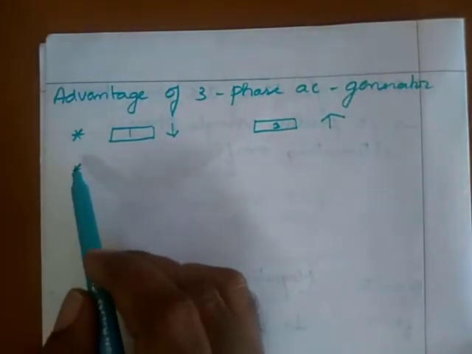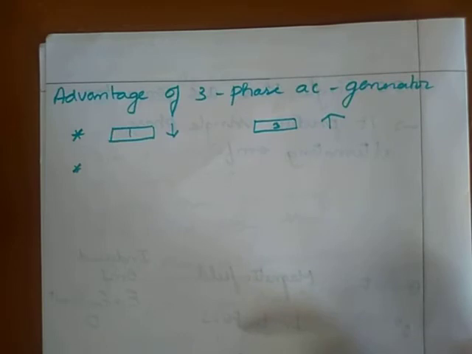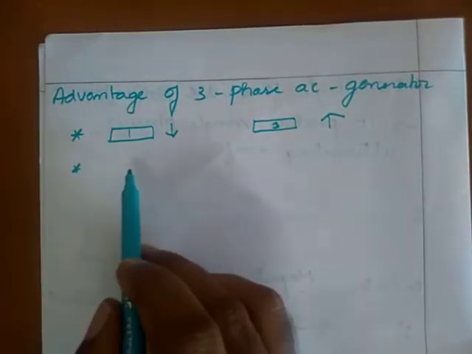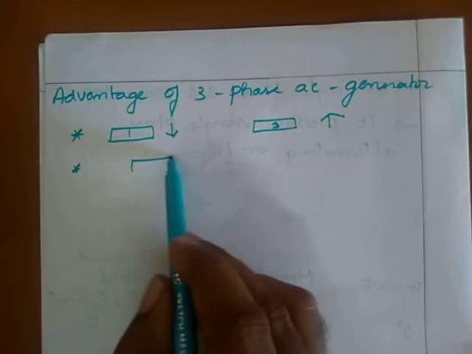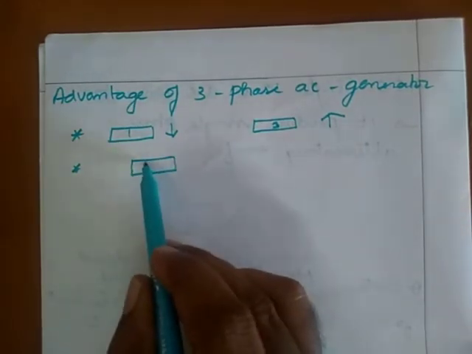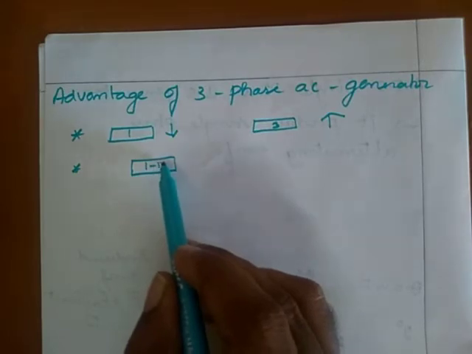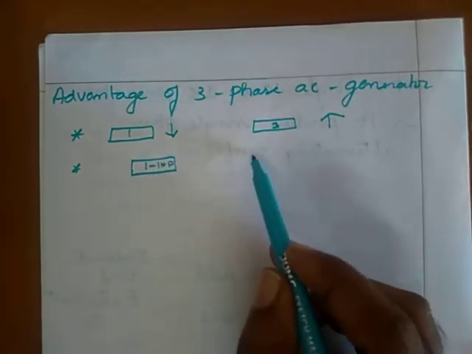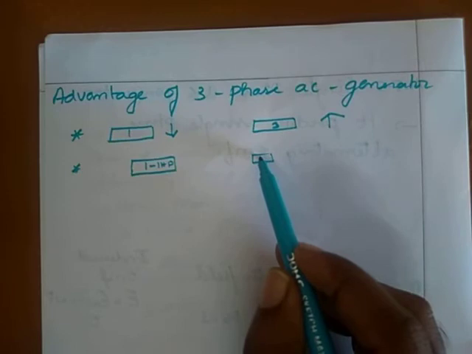In the second point, for the same capacity, a 3-phase generator is smaller in size compared to a single phase generator. Here I consider a 1 HP motor, a single phase 1 HP motor. Here also I consider a 1 HP motor, but it is 3-phase.